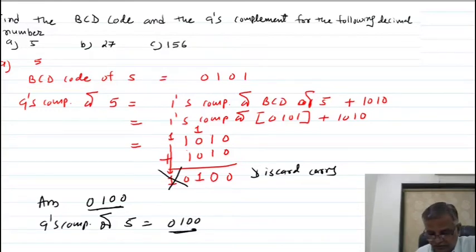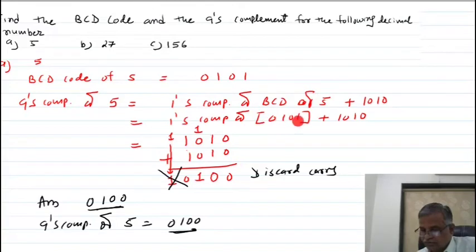See what is the way we have done. This already you have done, the 9's complement of 5, in a previous lecture, but this is another way we are doing. Listen, find the BCD code of this. What is the BCD code? The BCD code is this. Now what is the second thing I have to find? The 9's complement for the following decimal. So what is the 9's complement? The 9's complement is nothing but the first complement of the BCD code of 5 plus 1010.